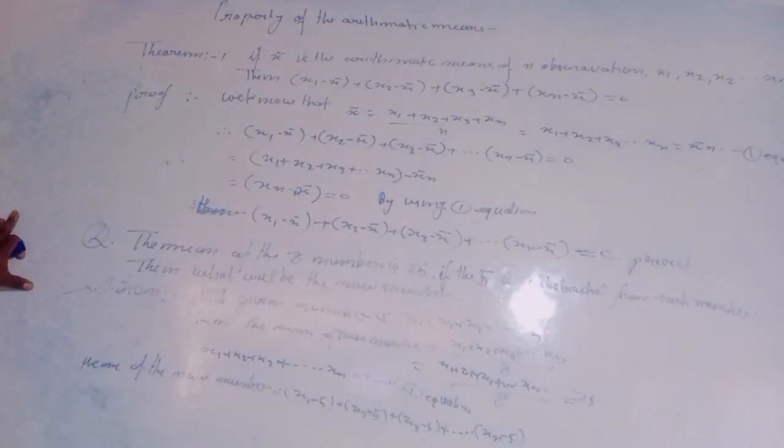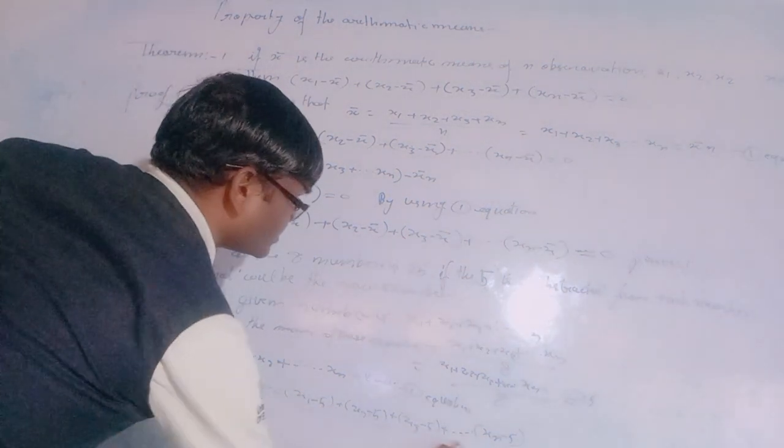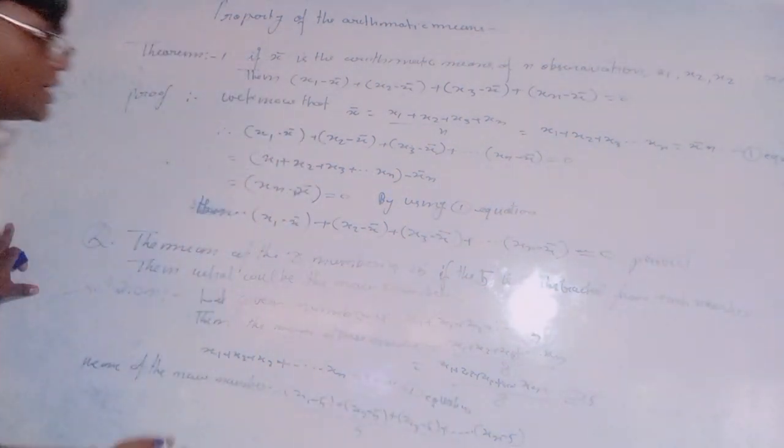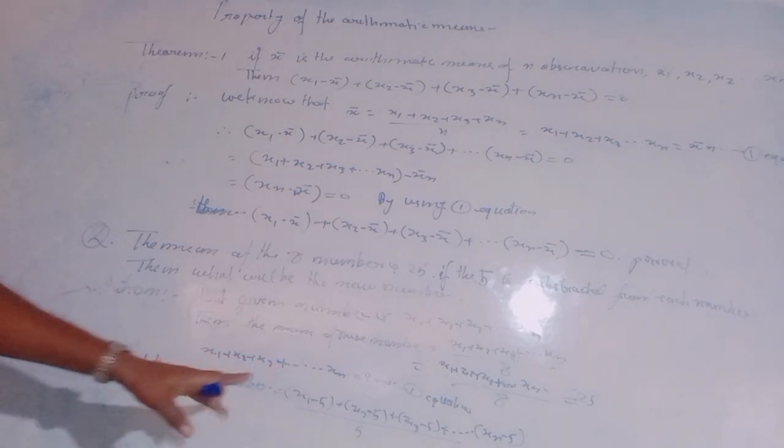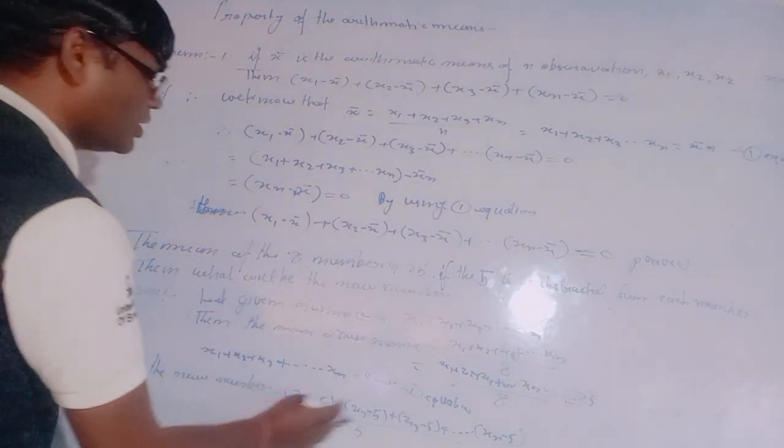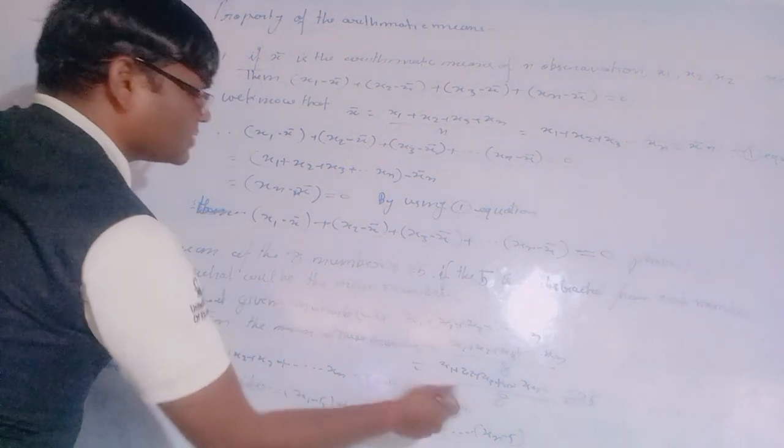These are the new numbers, divided by the total number, which is 8, since 5 is subtracted 8 times.